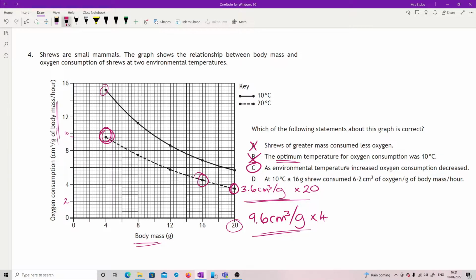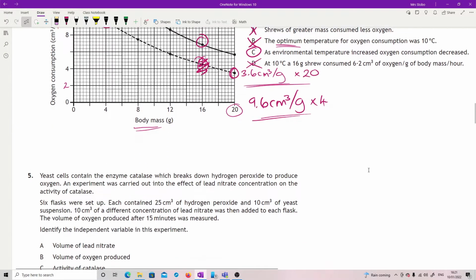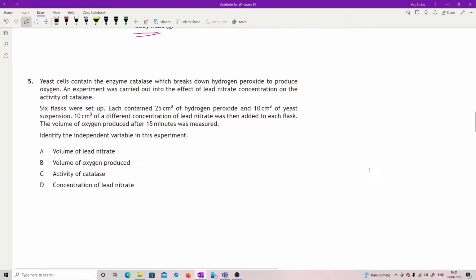So it's not, am I on the right place? 10 degrees C, that one up there, sorry. 10 degrees C for your 16 gram is actually 6.8, okay, rather than 6.2, because it's going up in 0.4s. So, no. Apologies for the slight scribbliness on that one.